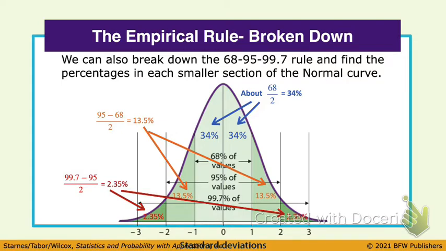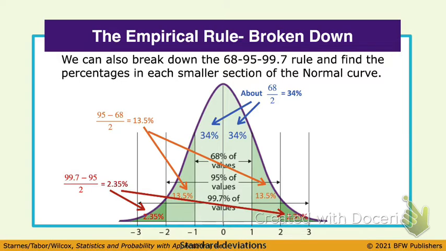Not quite. There's the part that's in the little tails. So these tails, from -3 out to negative infinity, or from +3 out to positive infinity, have a little bit of area in them.